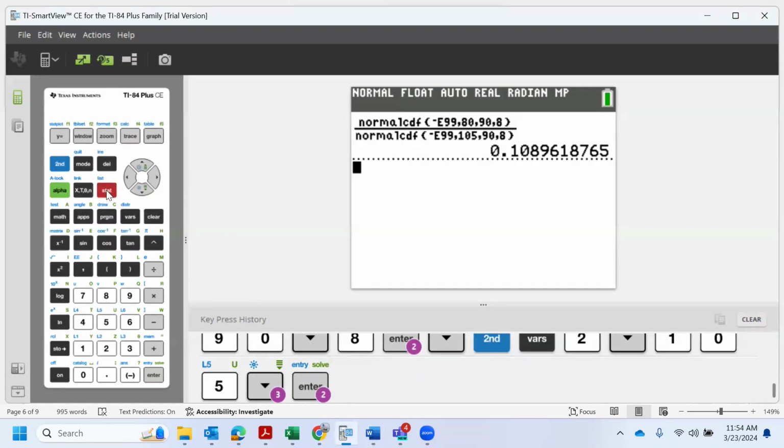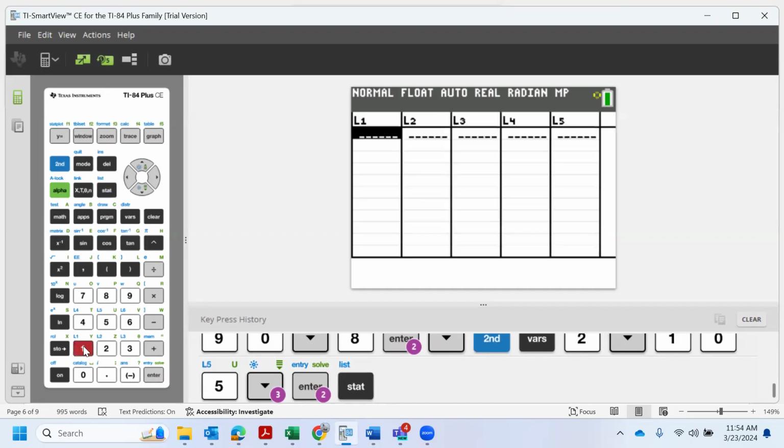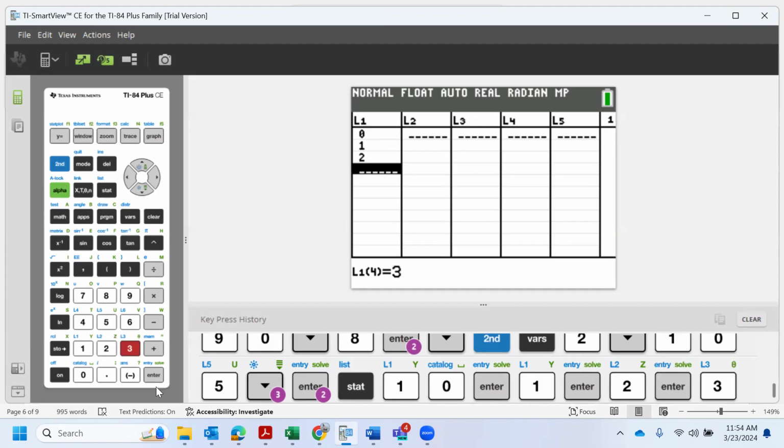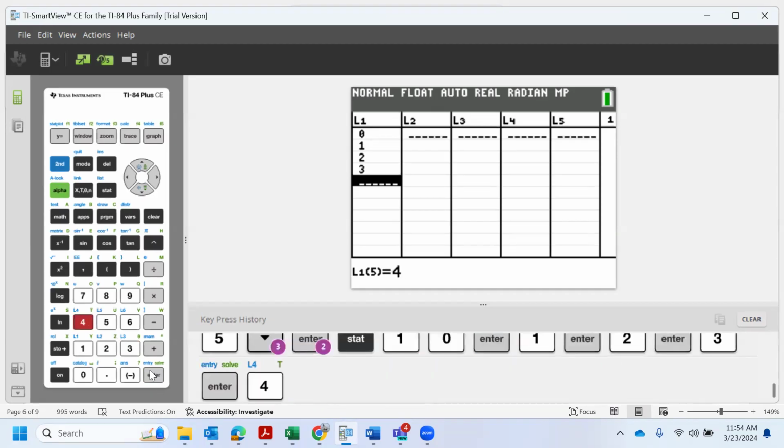You will go to the stat. So number 1, this is 0, enter, 1, enter, 2, enter, 3, 4, 5.